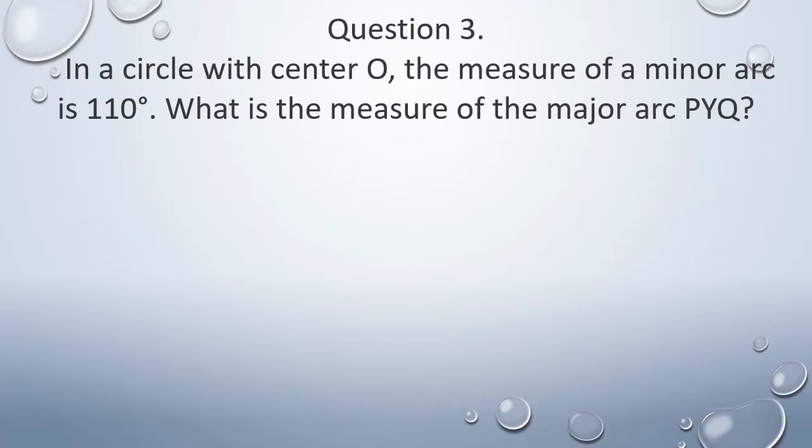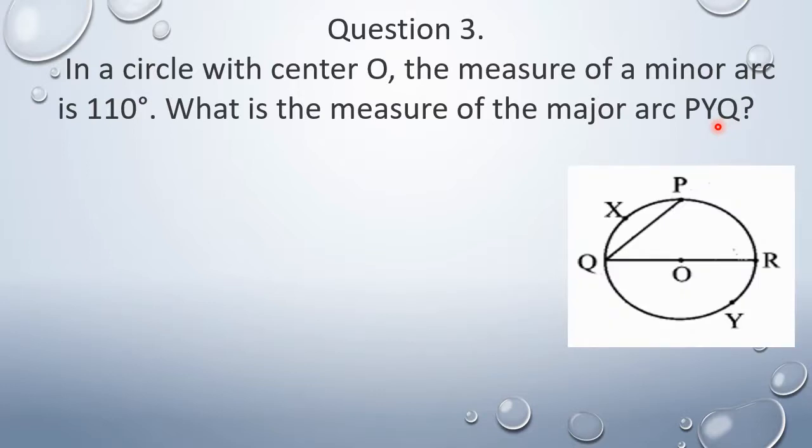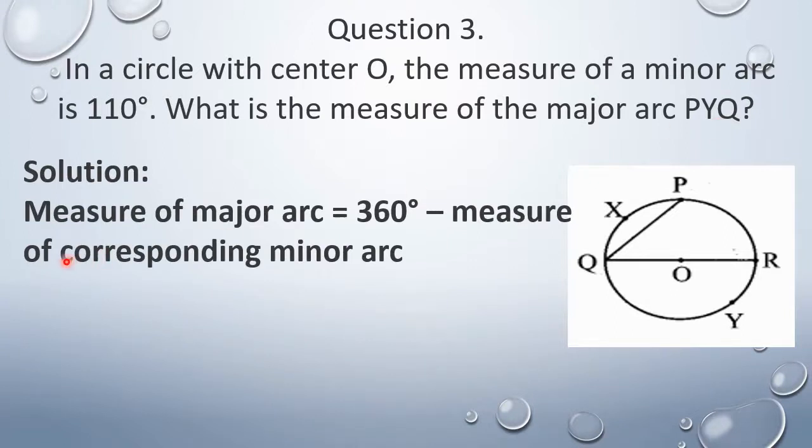Question number 3. In a circle with center O, the measure of a minor arc is 110 degrees. What is the measure of the major arc PYQ? Here you can see the diagram. So the solution: the measure of a major arc is equal to 360 degrees minus the measure of the corresponding minor arc.